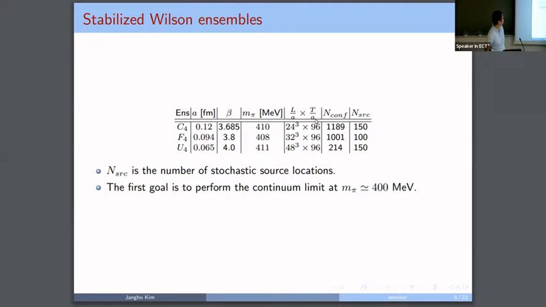For C4 and F4, we have almost 1,000 configurations. But for U4, we now have roughly 500 to 600 configurations, though in this talk I measured only 200 configurations. We also use roughly 100 stochastic source locations to improve the statistics.